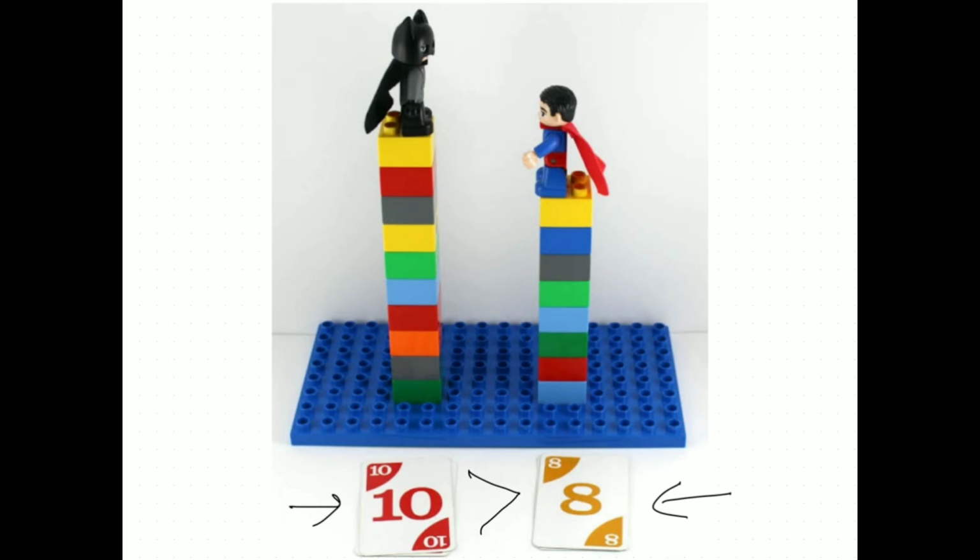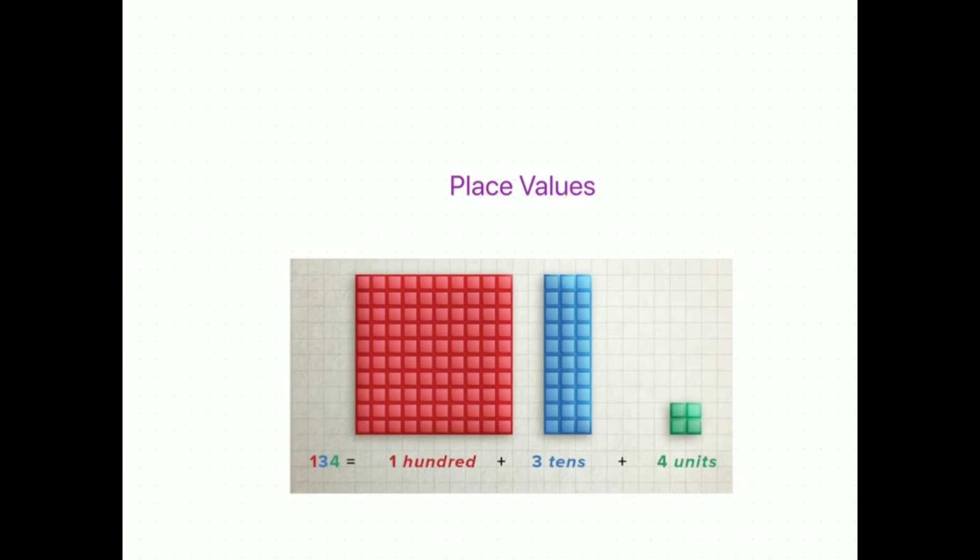Okay, now we will look at another thing. Right? And that is about place values. You can use your Lego blocks to explain place values to the children. Right? So this one you can say is 1 unit. This whole block, we can say this is 1 unit. So like 10, 10, 10.